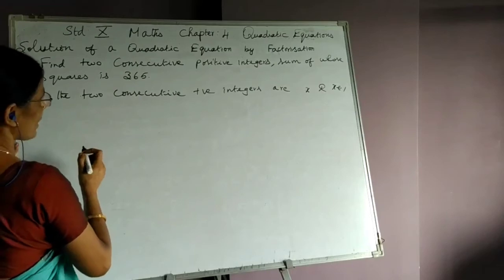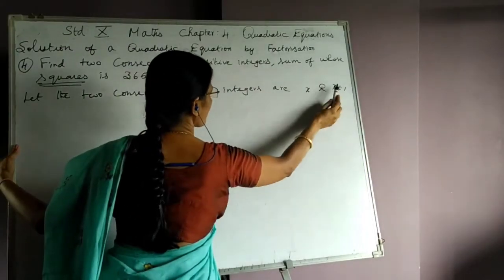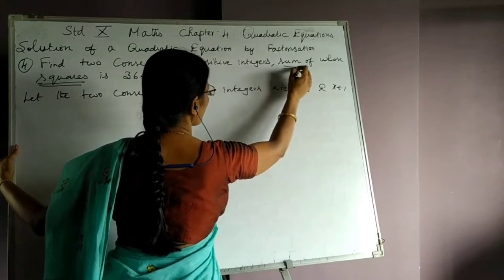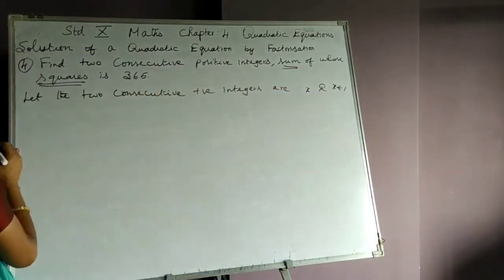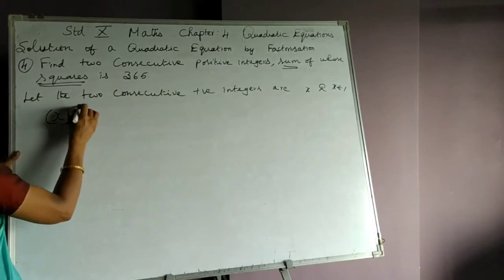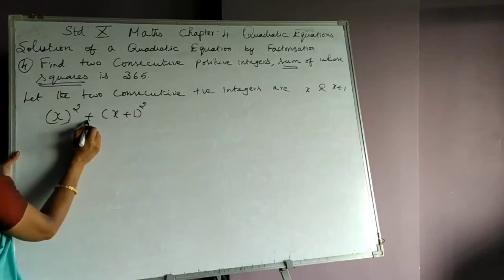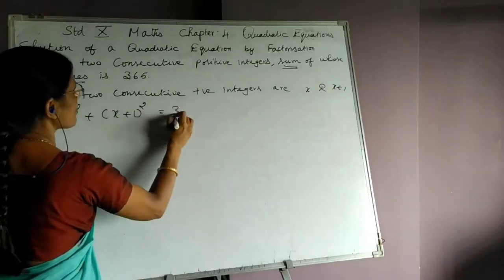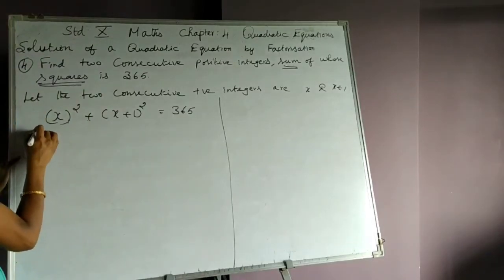The statement is very clear: sum of whose squares. So we should take the square of these two numbers and add them. The result is 365. Therefore, I take the square of x and the square of x plus 1. The sum is taken, and the result becomes 365. So opening the bracket, we get x square.